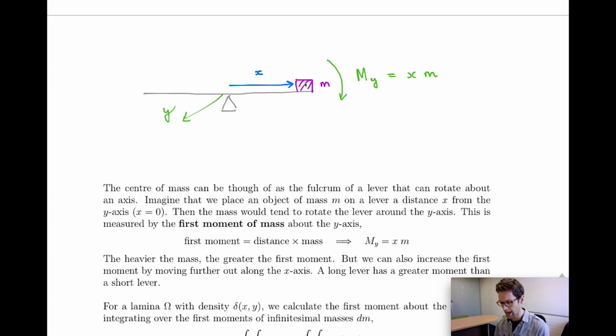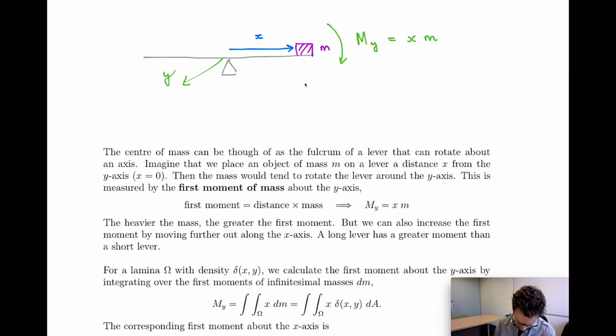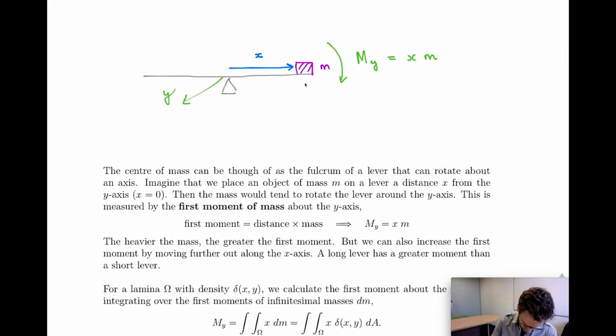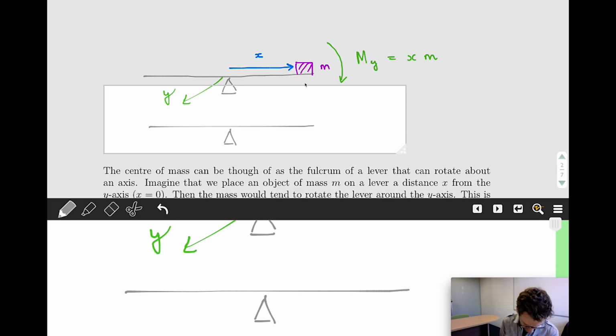Now, imagine that I have not just a single mass, but a whole bunch of little infinitesimal masses. So what would that look like? In that case, I would be replacing my single mass with a whole bunch of little ones. So again, I've got a little seesaw here, and I'm placing lots of little infinitesimal masses, each with a mass delta m.